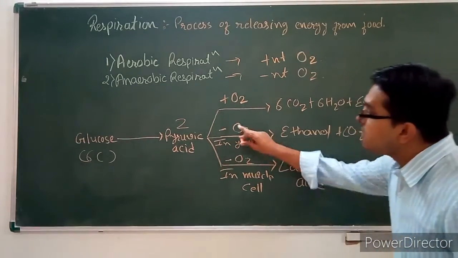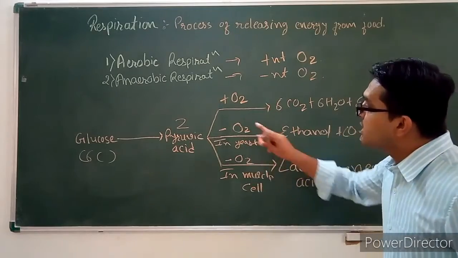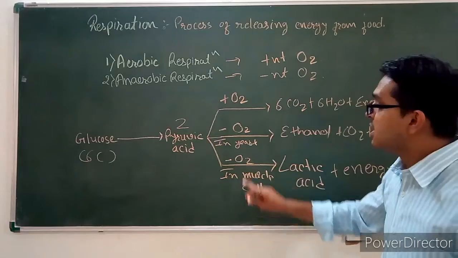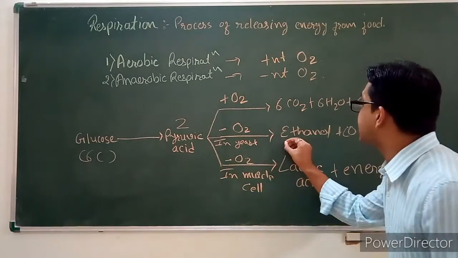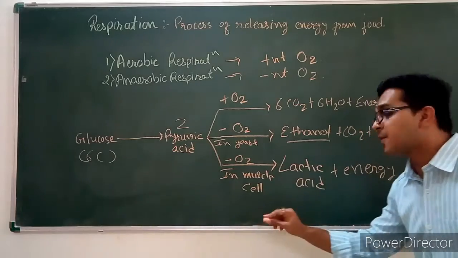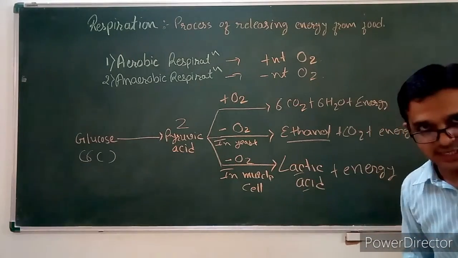So in the absence of oxygen, in yeast the end product is ethanol, and in animal muscle cells the end product is lactic acid.